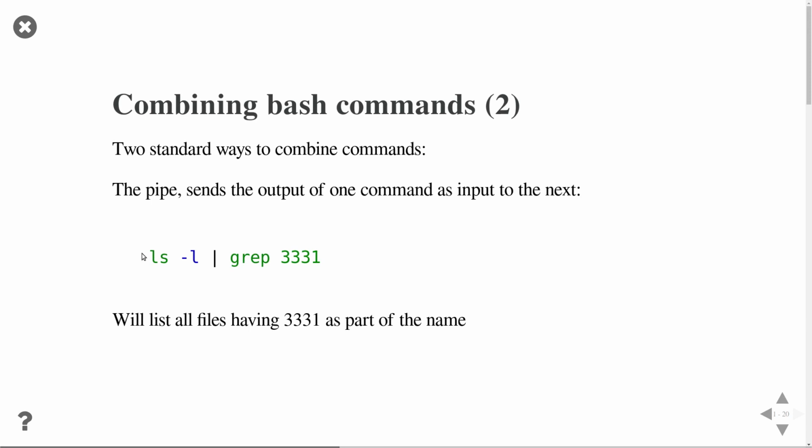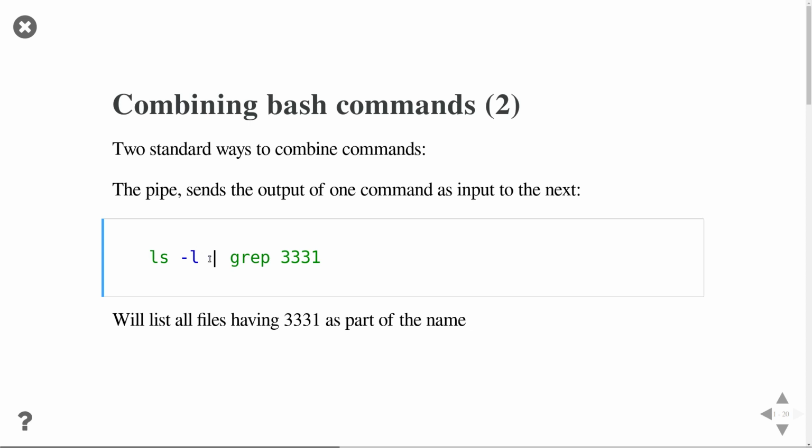These are the so-called pipes, and the pipes in Bash are indicated by a vertical line. As I mentioned, the pipe sends the output of one command as an input to the next command. So here's a simple example. We have the command ls -l that lists all the files in the current directory in a slightly lengthy format.